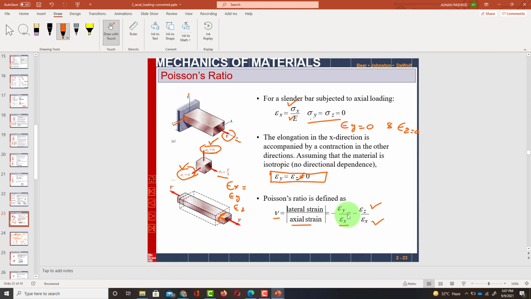So nu is equal to minus epsilon y over epsilon x. If you want to find epsilon y, it will be equal to minus nu times epsilon x. Similarly, epsilon z is equal to minus nu times epsilon x. So you have found epsilon x, and epsilon y and epsilon z in terms of Poisson ratio and axial strain. Clear? Any questions?